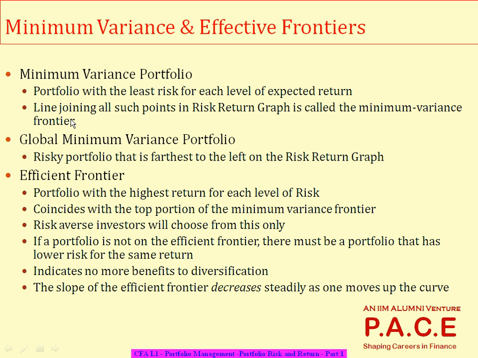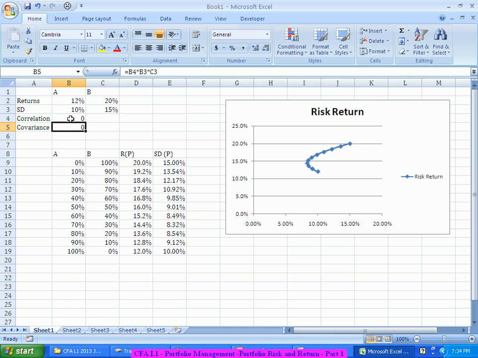In that, wherever you are at the extreme left, where the risk is the minimum possible, right? Probably at 8.32%, the risk is the minimum. So what combination? 70-30 is the combination where the risk is minimum possible.